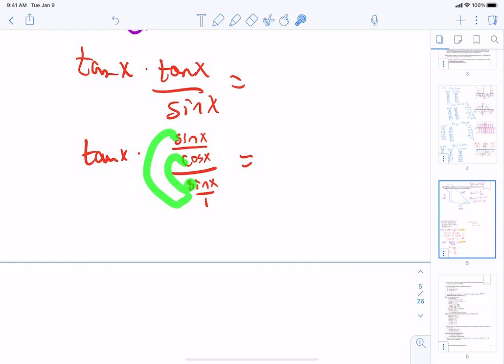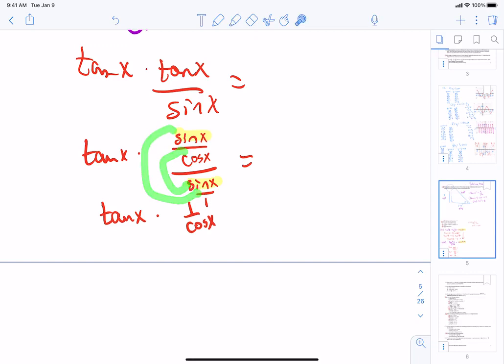Because things can cancel sometimes. Do you see where the sine is located? The big C has a sine in it. The little c has a sine in it. That tells me the sine is going to go away. And so I get tangent of x times 1 over the cosine of x, because the sines end up canceling out.